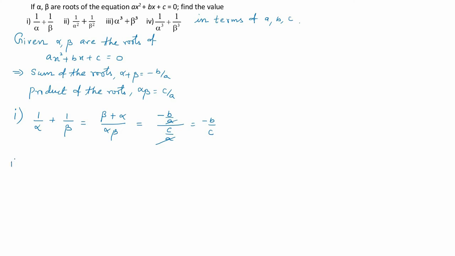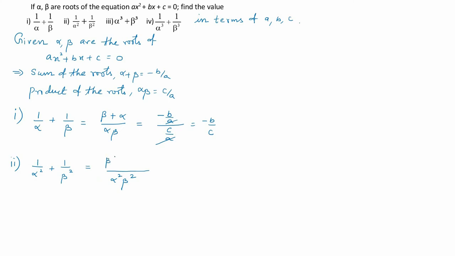Similarly, we can find the value of the other terms. The second one is 1 by alpha square plus 1 by beta square. So once again we'll take out the LCM first. Alpha square into beta square, the product of denominators, because there are two different terms in the denominator. We multiply them. Cross multiply in the numerator. Beta square will go with 1.